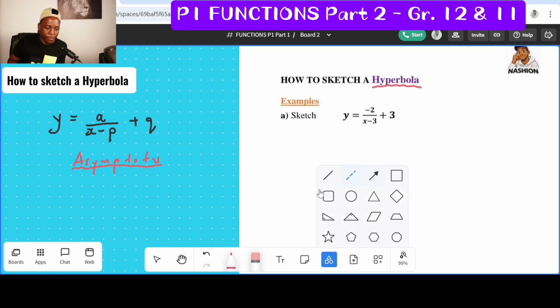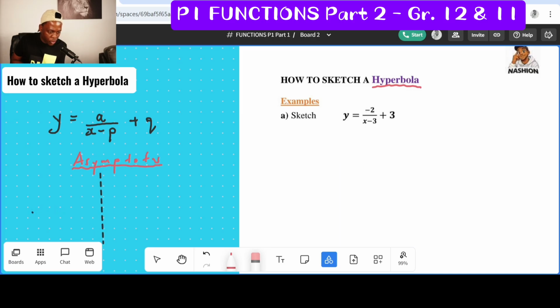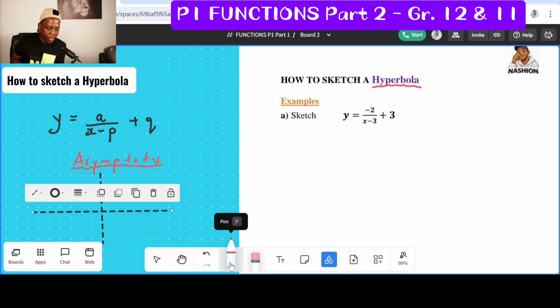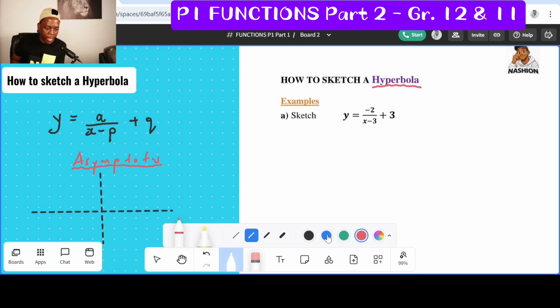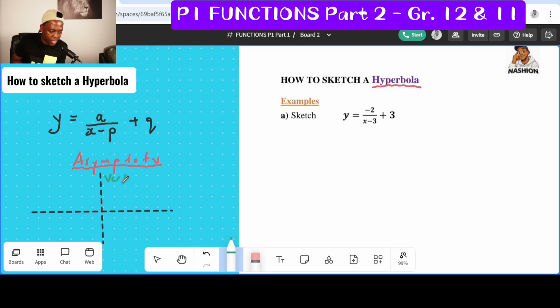We have a vertical asymptote and a horizontal asymptote. From the equation itself, the vertical asymptote is the value of p.